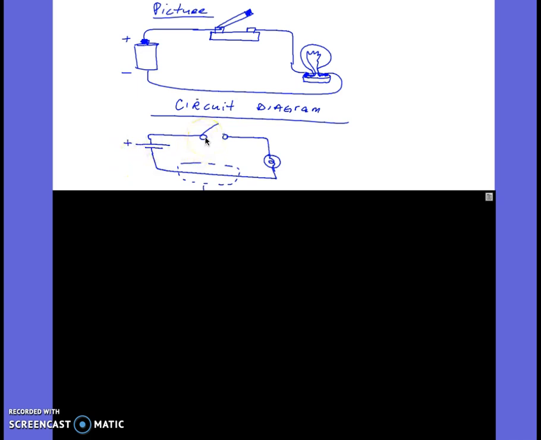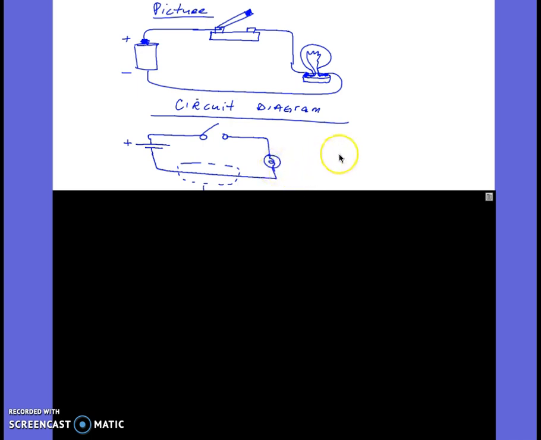Our little switch here, these represent the terminals, which are these points right here, and this represents the movable portion of the switch. So once again, this is an open switch. These lines again mean the wire, and this little circle with the little squiggly line in it is the electrical symbol for a lamp, or what we'll call a light bulb.